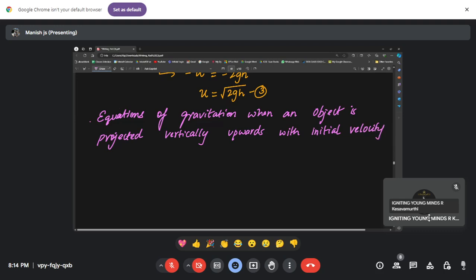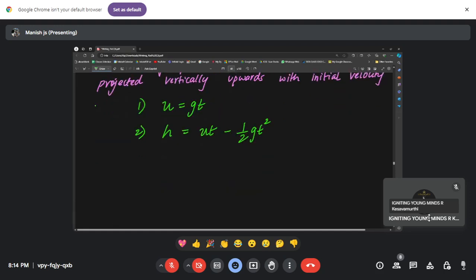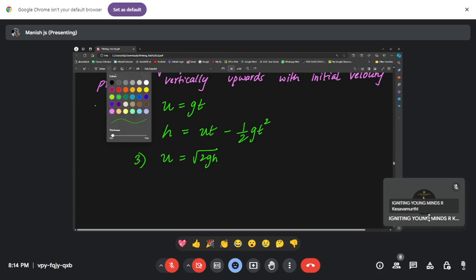We have learned three equations. The first one was u equals gt. Second, h is equal to ut minus half gt squared. And third is u equals under root 2gh. So these are the three equations of gravitation for the object being projected vertically upward.